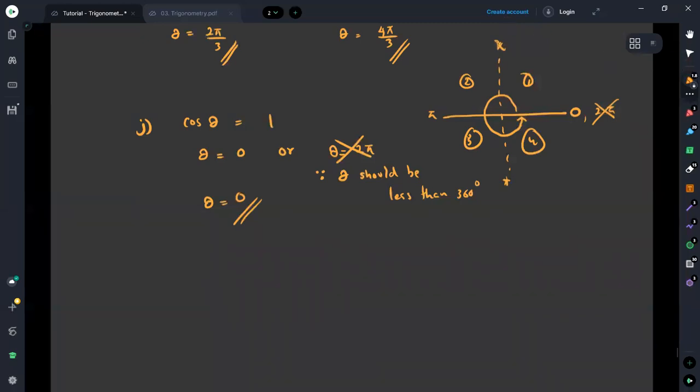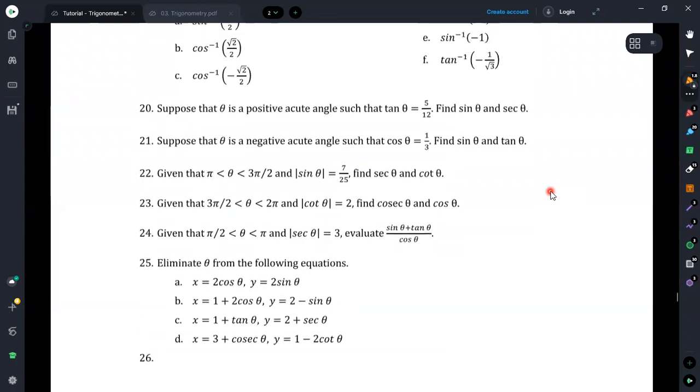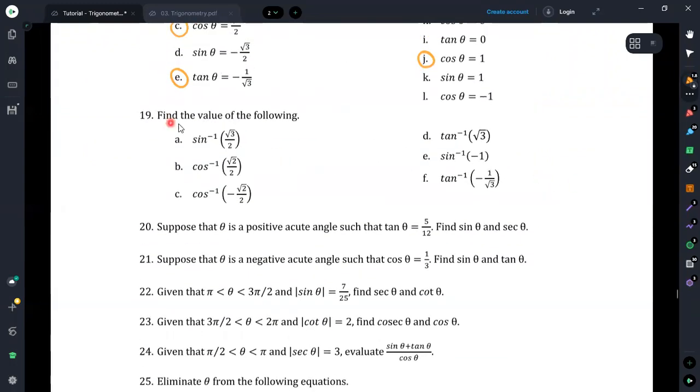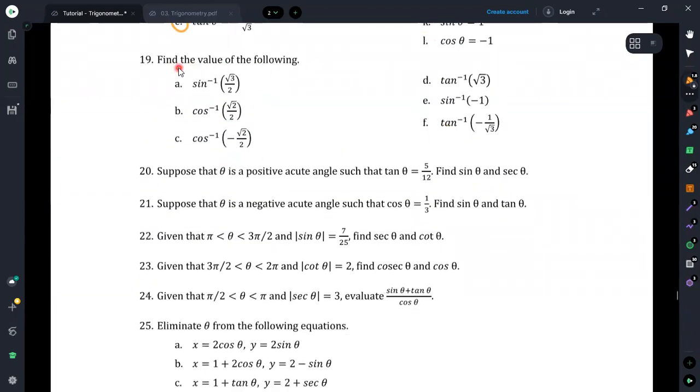Now I will move on to the discussion of question number 19. In question number 19, you are asked to find the values of the following inverse functions. It is simple, as we have discussed here.